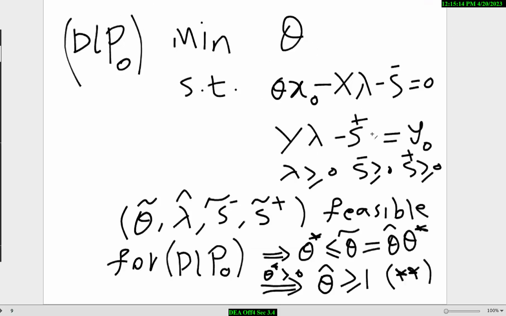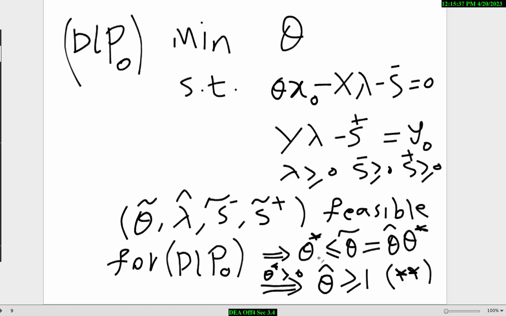Note that this is a feasible solution, and since theta hat was proved to be equal to 1, theta tilde is equal to theta star.